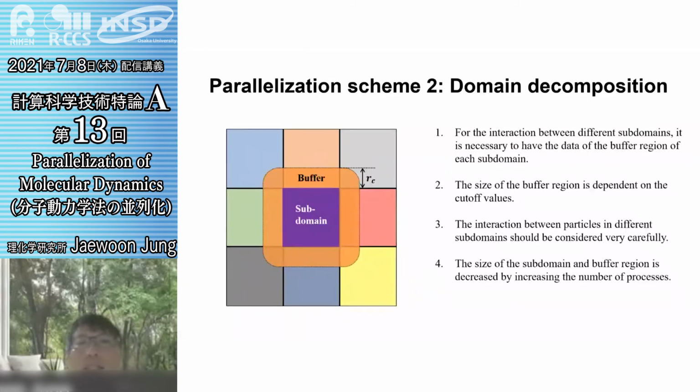So in this scheme, each subdomain needs to have the data of not only this subdomain, but an additional buffer region. And the amount of buffer region depends on the threshold values in the van der Waals and real space electrostatic energy calculation.